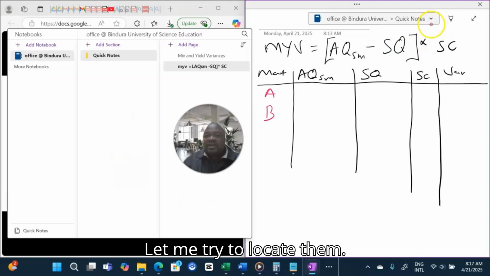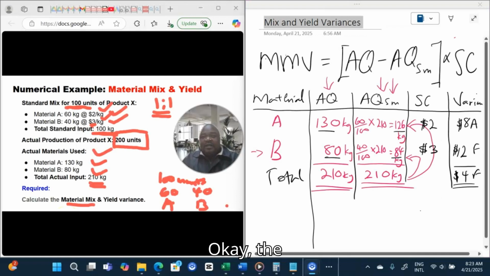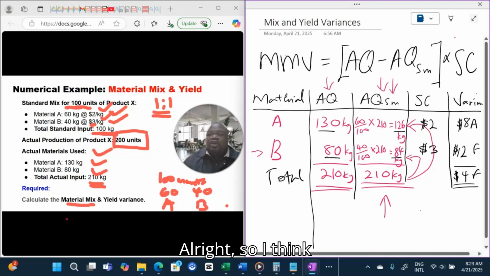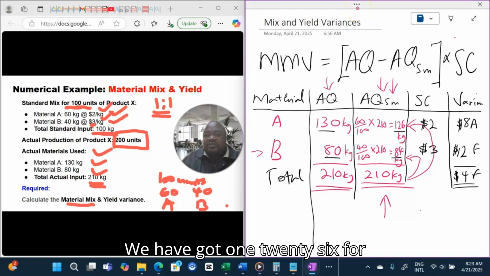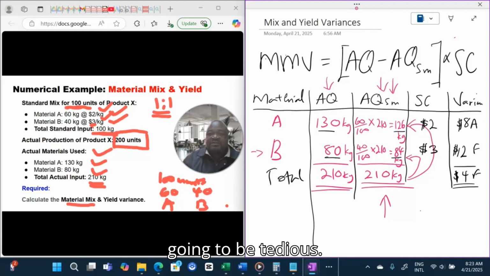Let me try to locate them. Let me try to locate those ones. Okay, guys, the information we need here. All right, so I think we have got 126 for material A and 84 for material B. All right, you will see as we do this on Excel that it's not going to be tedious.